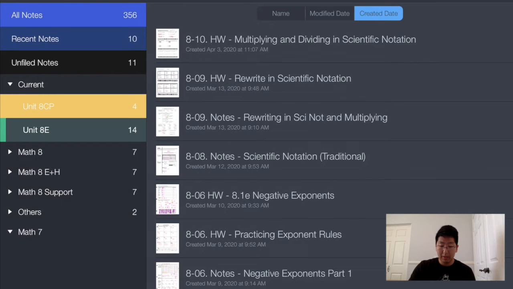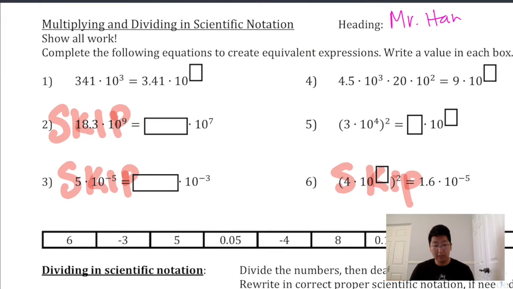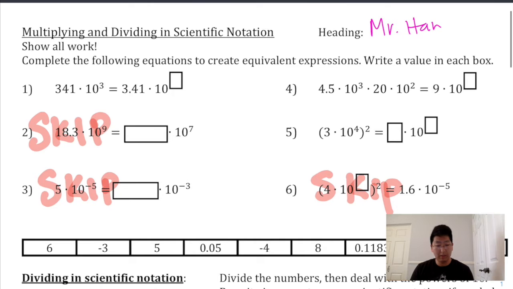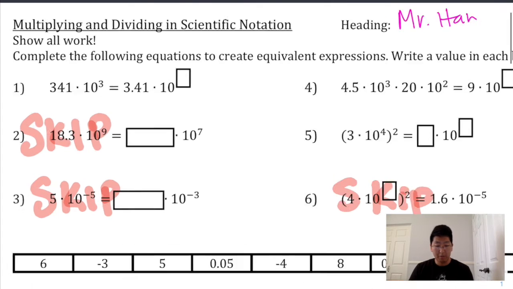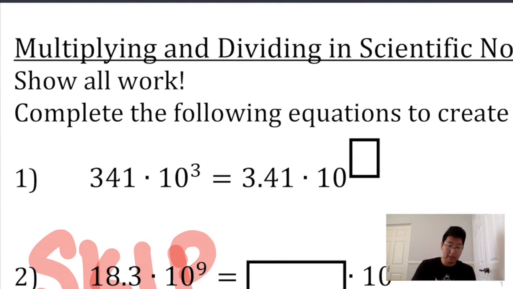So here, the first section is just going to be complete the following. All we did was take this number and move the decimal point over so that it's less than 10. So 1, 2, 3.41 times 10 to the second power, because we moved over 2 times.